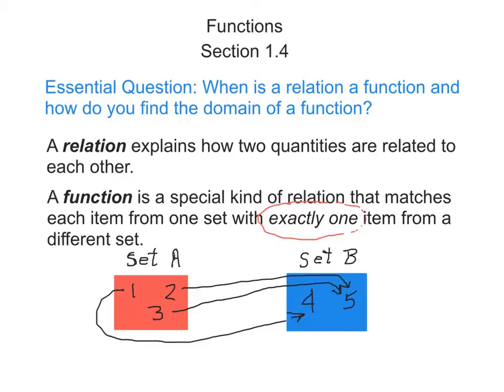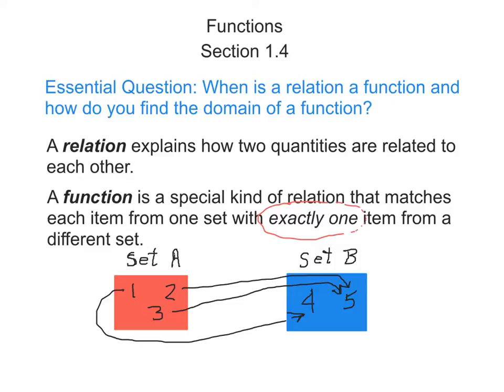But we don't have a situation where, say, 1 would correspond to 4 and 5, or 2 would correspond to 4 and 5. Each item in set A corresponds to one and only one item in set B. Okay? So we could have two items in set A correspond to one item in set B, but we could never have one item in set A correspond to two items in set B.